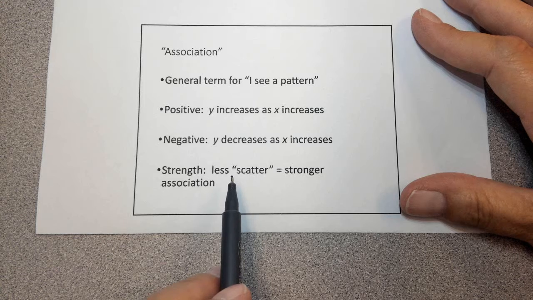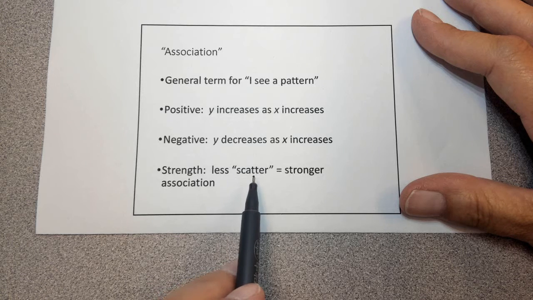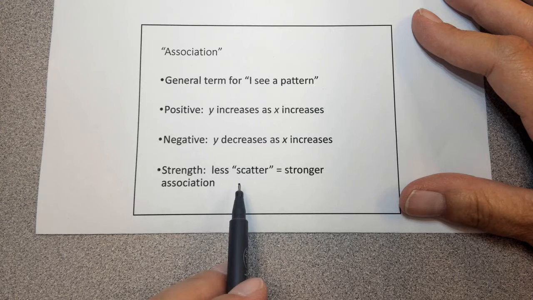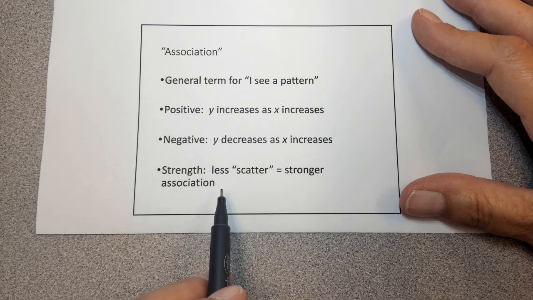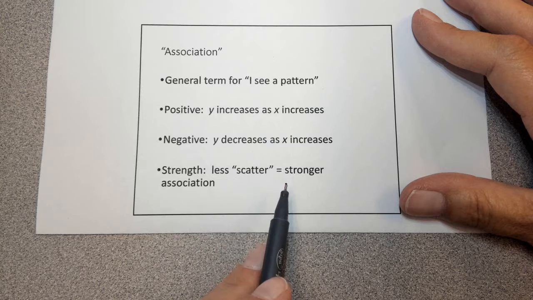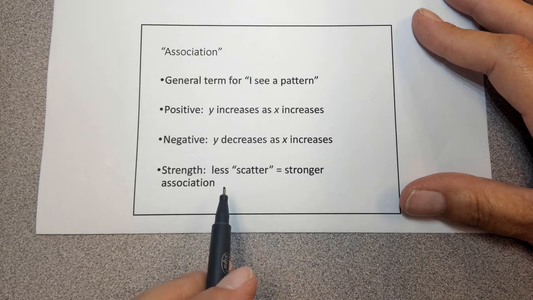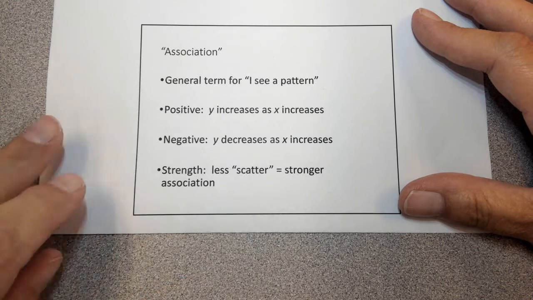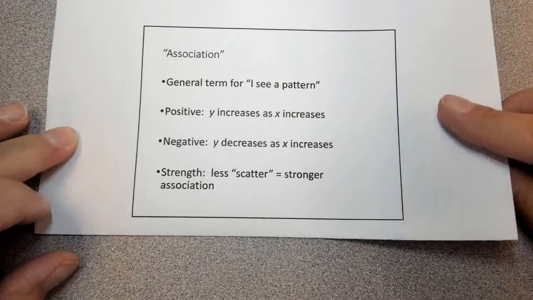Strength is about how much scatter is going on in that scatter plot. And so less scatter means we have a stronger association. It's kind of like spread. So when we talk about strength, we're really talking a lot about how spread out those data points are from the center of the pattern, if there is a pattern. Let's get more specific.